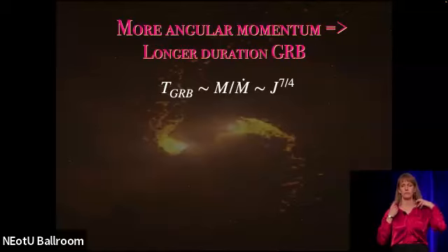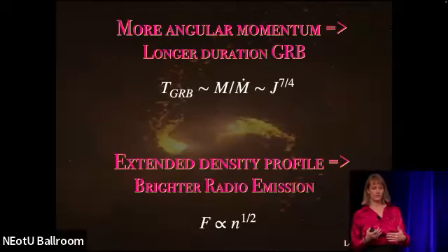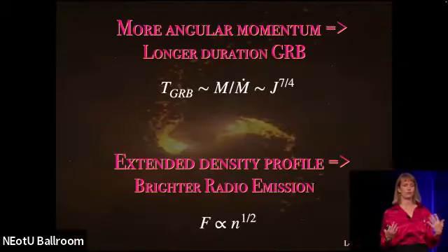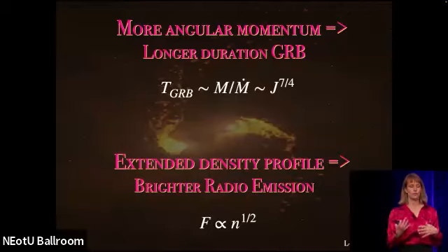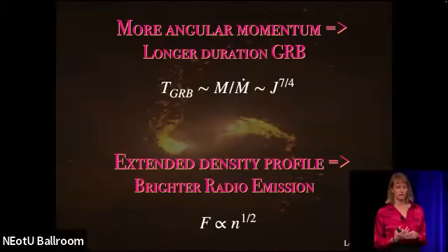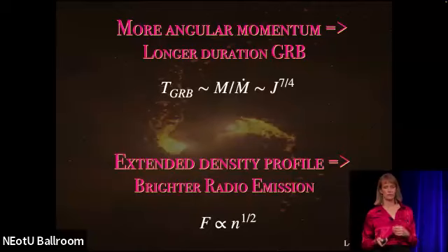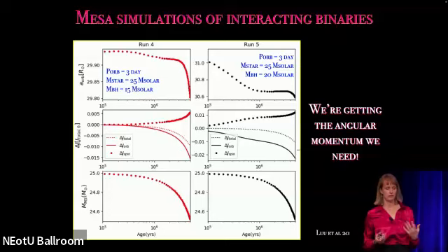So that would explain the longer gamma ray emission. But in addition, the extended density profile is going to give you brighter radio emission. So both of these things, this massive star collapsing in an interacting binary, can accommodate what we're seeing in this radio bright population. And so there was a paper just last year doing order of magnitude estimates of that, but now we're simulating this and testing it.